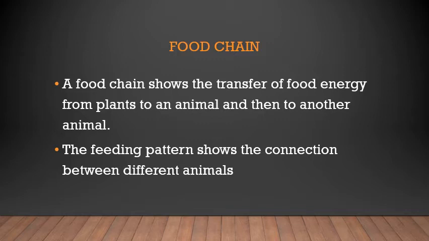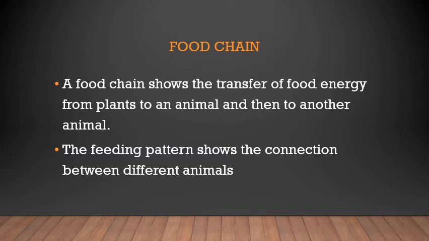By knowing how energy transfers from one animal to another, we also come to know how the animals and plants are dependent on each other. This is very true. We are interdependent on each other. As we learned in the previous chapters, we are dependent on plants for food, oxygen, for everything.